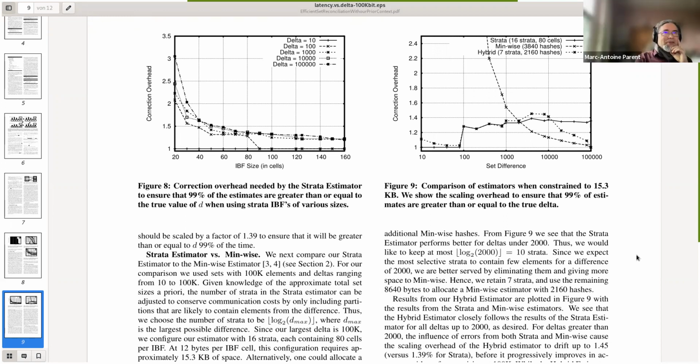I wonder if the message here isn't, okay, above 2000, use another algorithm because other algorithms behave better. Oh yeah, Philip just pointed out that this is about the hybrid estimator specifically, where they're doing the minwise sketches alongside their strata estimator. So that 10 strata bound probably doesn't apply to the pure strata estimator.